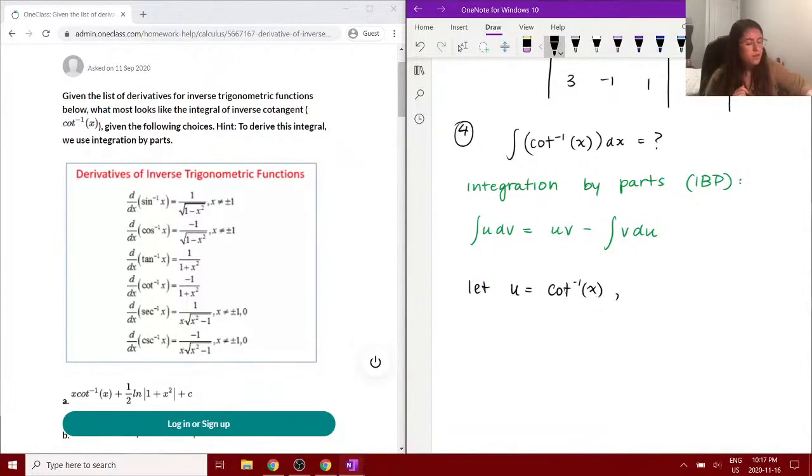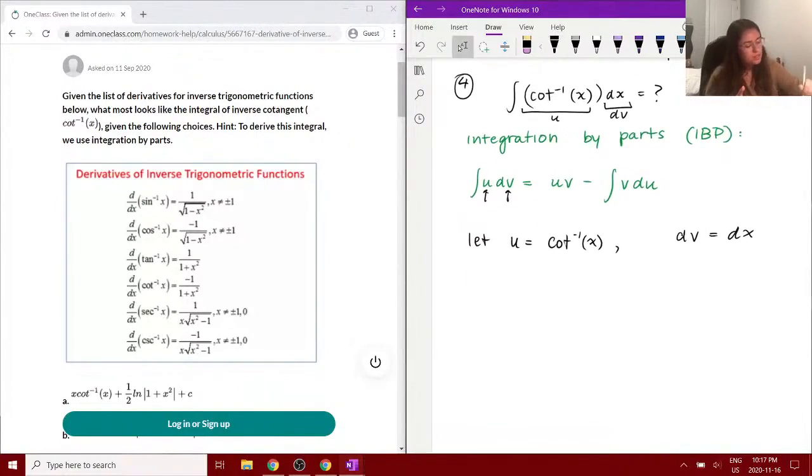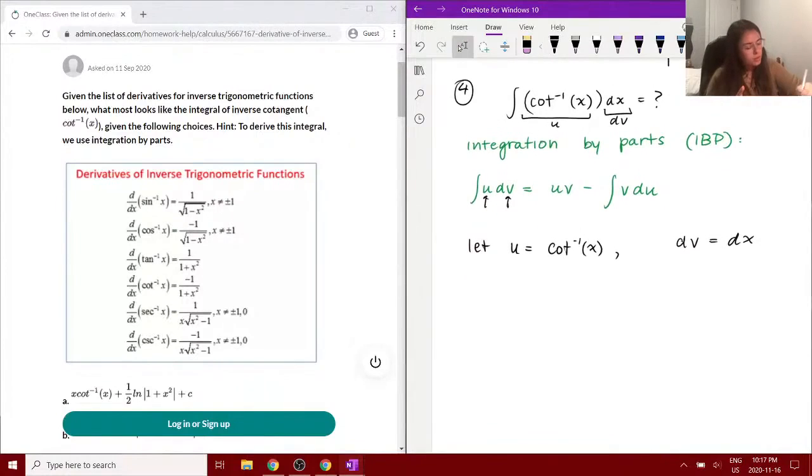And then essentially all we have left for dv is dx. So this will become dv, and this portion will become u. Hopefully that makes sense.